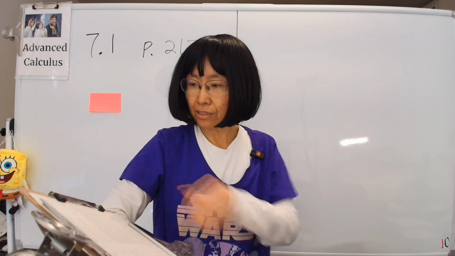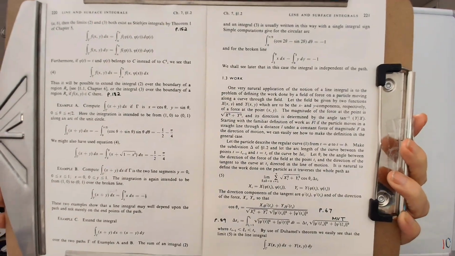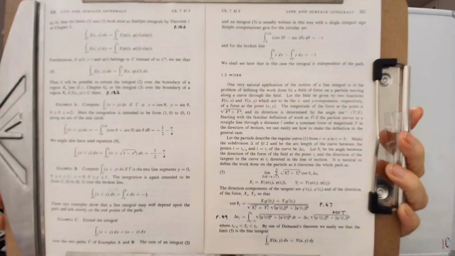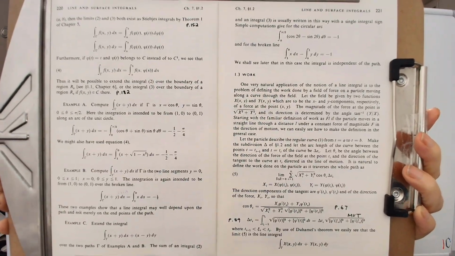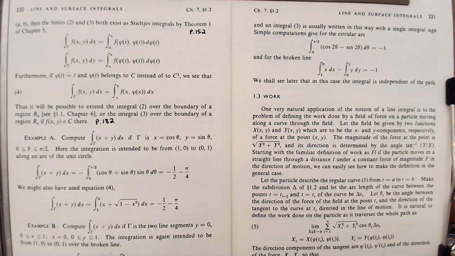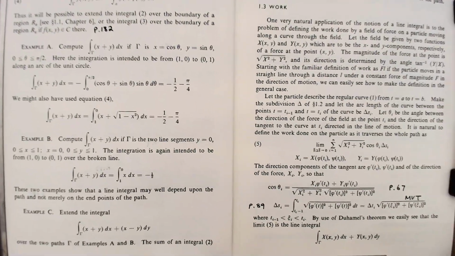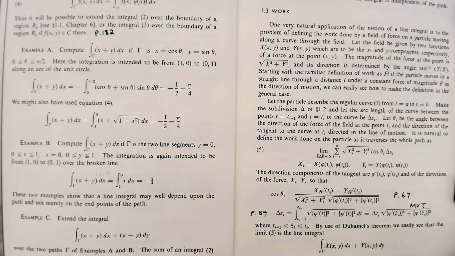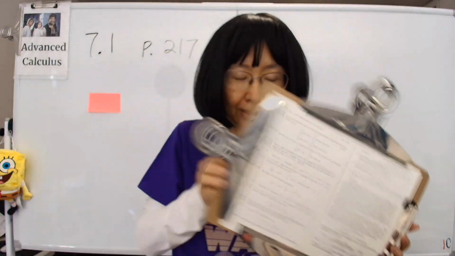And next, page 220 and 221, which is about like that. Okay, a little closer on top. And a bit closer on the bottom. That should be it.